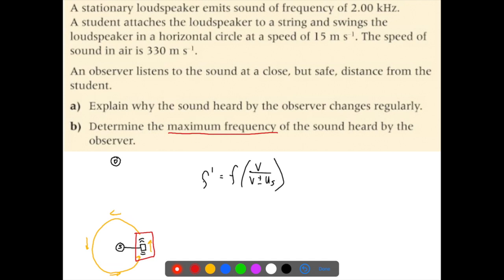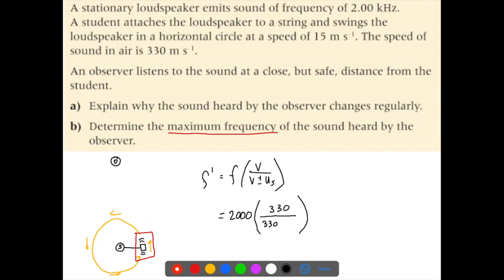All right? Now, the observed frequency is what we're looking for. The original frequency was given to us as 2,000 hertz. Okay, 2 kilohertz. I'm going to put it in hertz because it should be in our SI base units. We've got the velocity of the sound. It's a sound wave, so we're going to put 330, and then on the bottom we'll have 330.